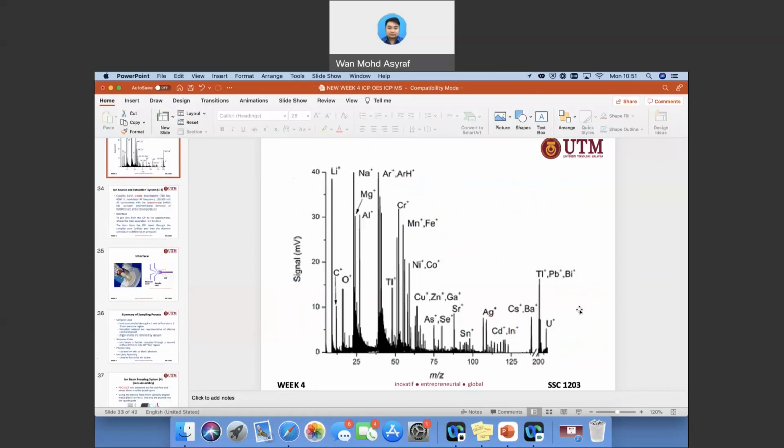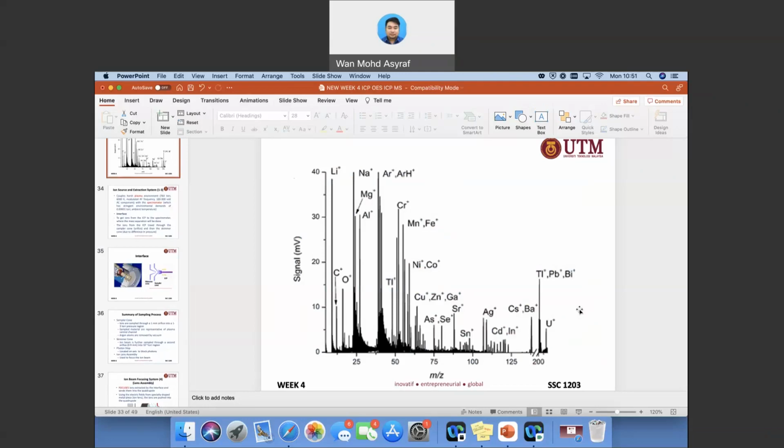Even though it is filtered, it is still representative of the central region of the plasma, still representative of the sample. Now it focuses into the ion lens, and now they are at the door of the quadrupole.